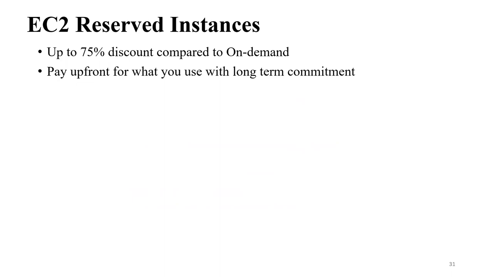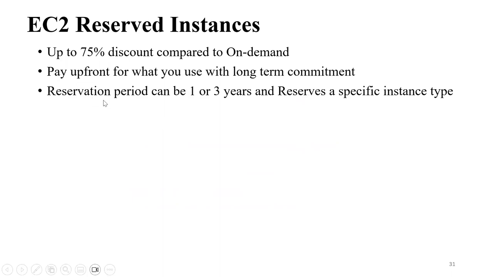Yes, we have upfront options or monthly based payment options. Yes, we have all upfront, and partial upfront, I mean, some amount upfront and some amount monthly. You have multiple options. The reservation period can be either 1 or 3 years, and it reserves a specific instance type.